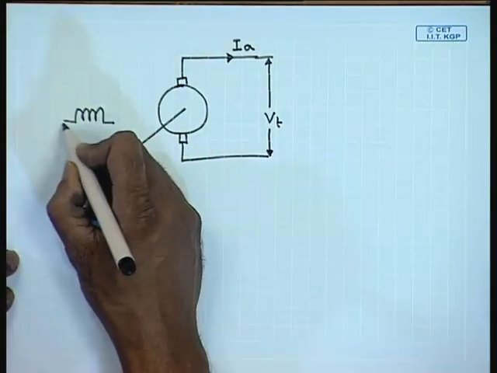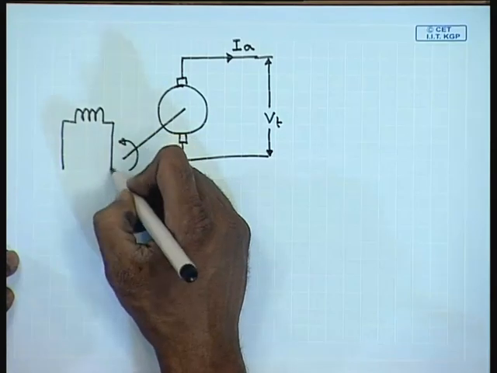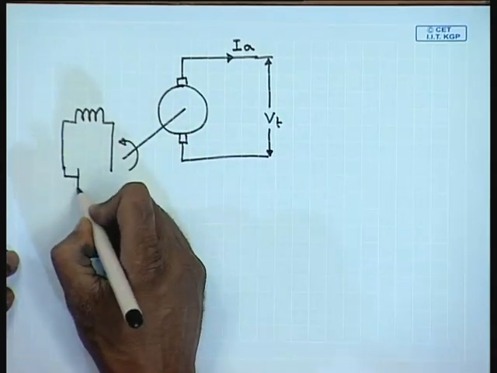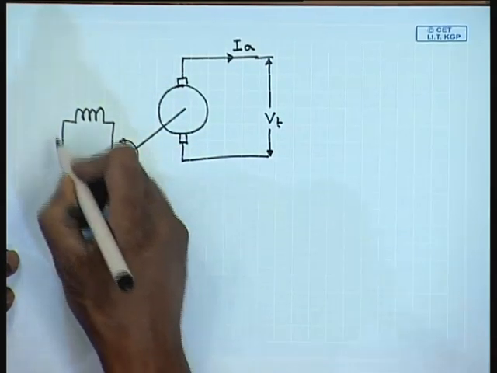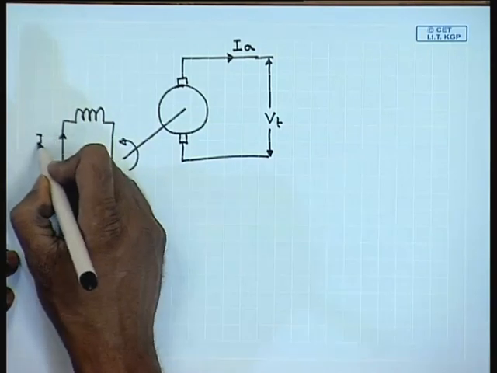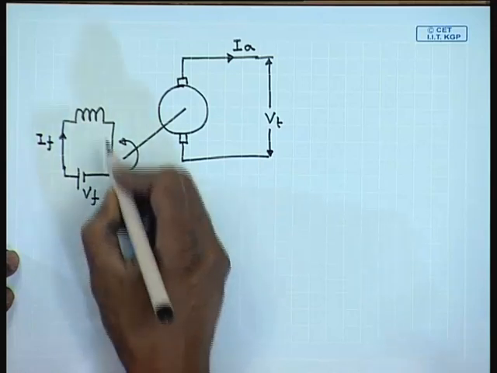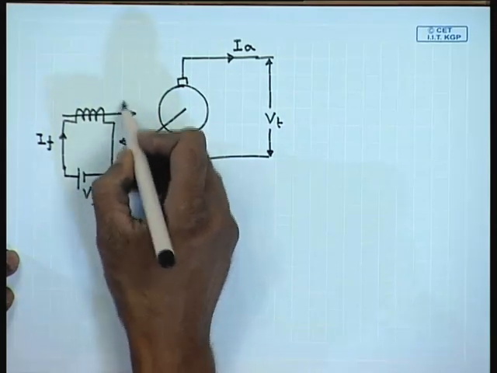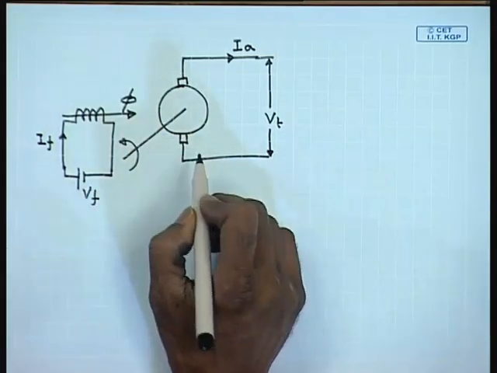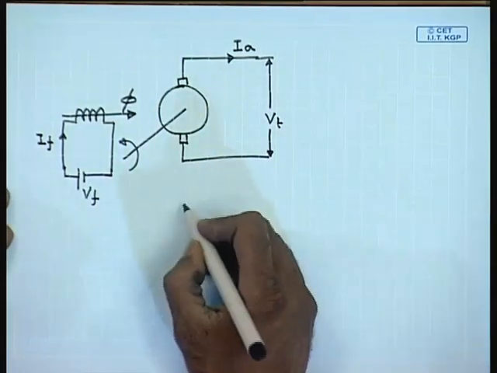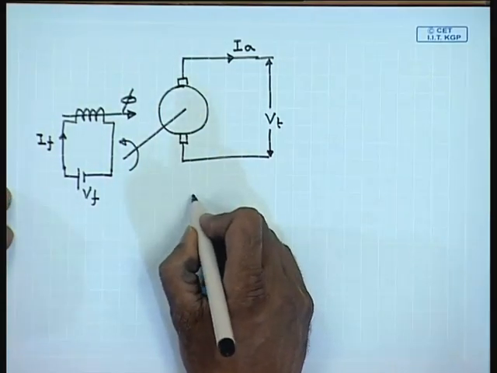When a field winding is excited from a separate DC source to produce a flux phi, this is called a separately excited DC machine.